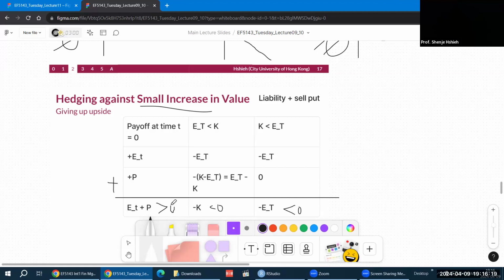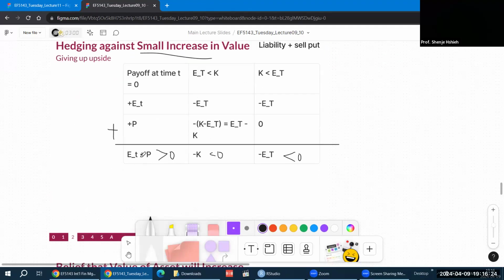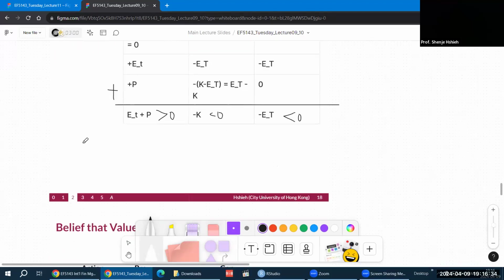So this should be positive here, right? We know that you get some protection by selling this contract, but ultimately there are states of the world in which you lose money. That's only fair.